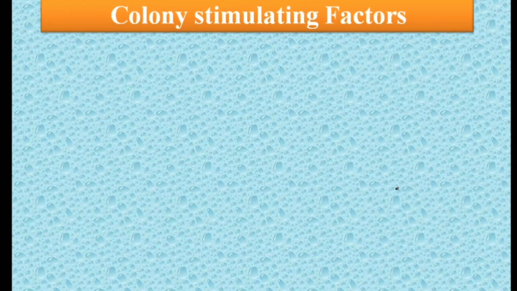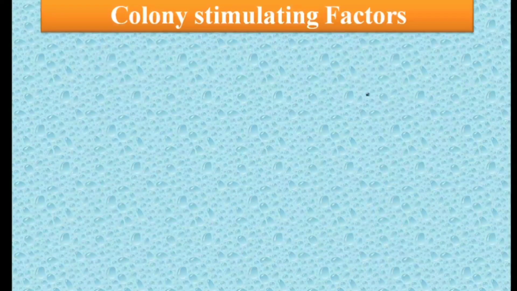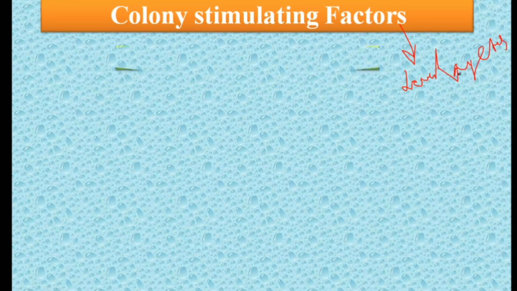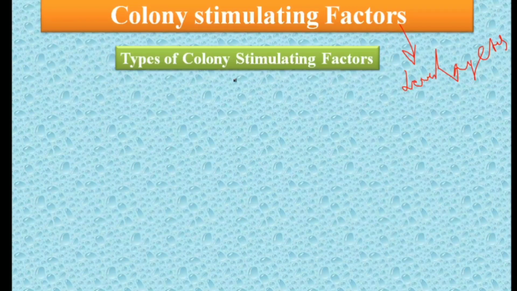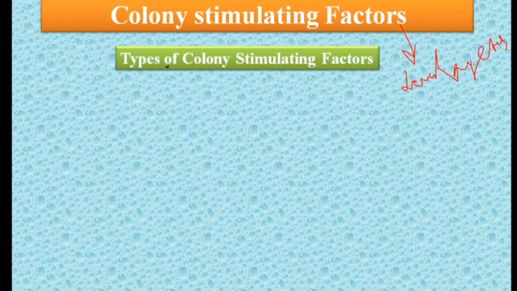Now, coming to the colony stimulating factors. These factors are very essential for the growth and differentiation of immature leukocytes in the bone marrow. They ensure that the body is supplied with sufficient white blood cells of all types. Thus, this supply will determine the immunity of our body. There are some different types of colony stimulating factors.